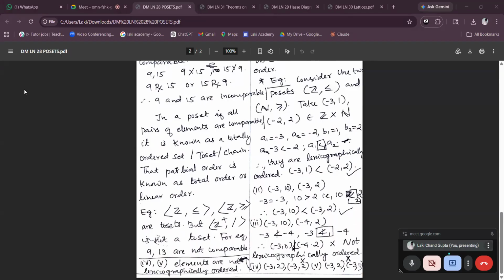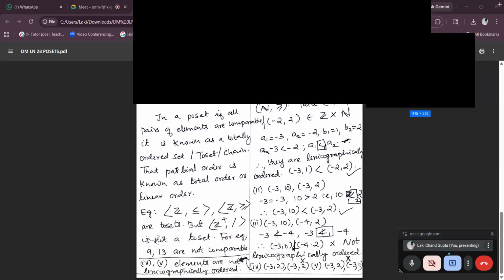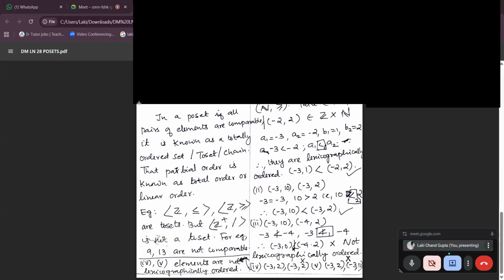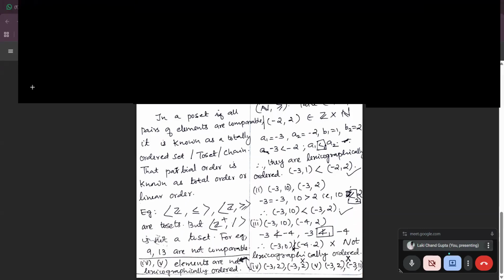You know partial order set, right? Yes, poset. Now in a poset, when all pairs are comparable, then it becomes a total order set, toset. Toset means total ordered set.